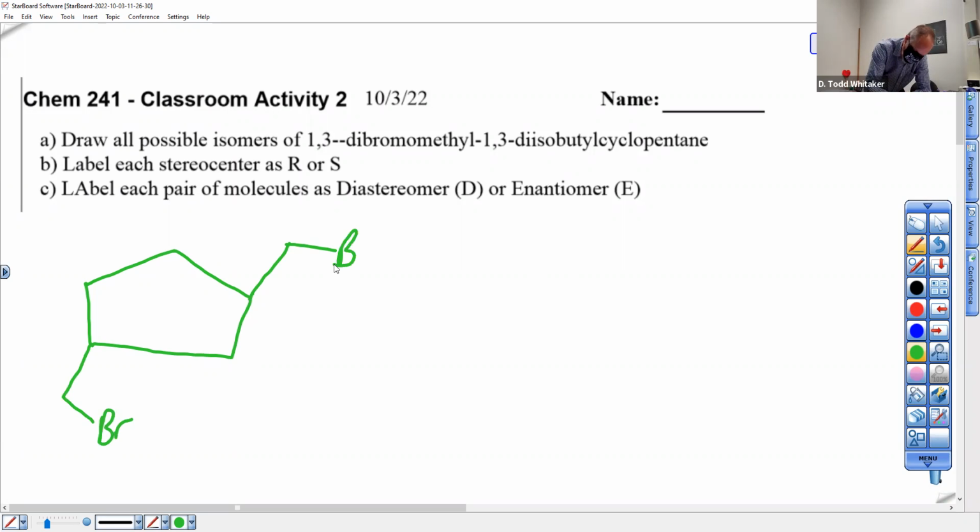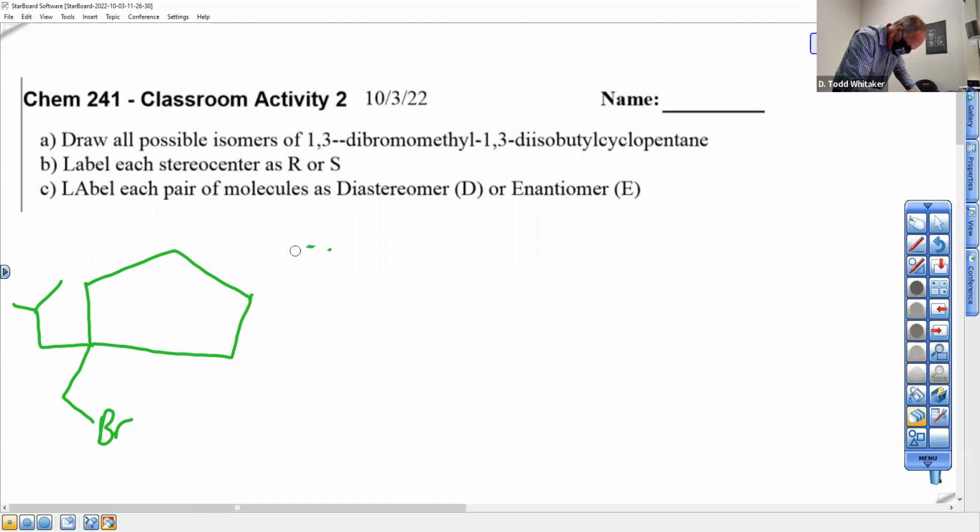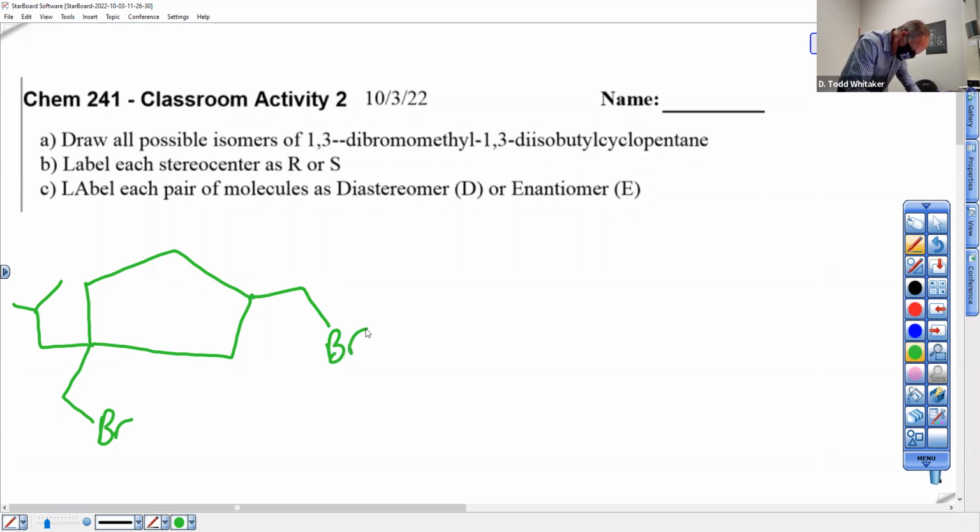And it's got an isobutyl here and isobutyl here. Could have drawn that a little better. Yeah, I had a boron there by mistake. Bromo underneath, isobutyl on top. Can I just draw it a little nicer? Sorry. I want it to look better. And we got this.